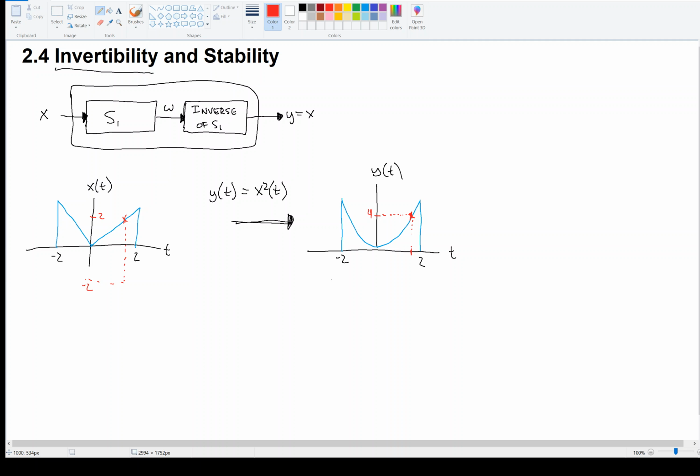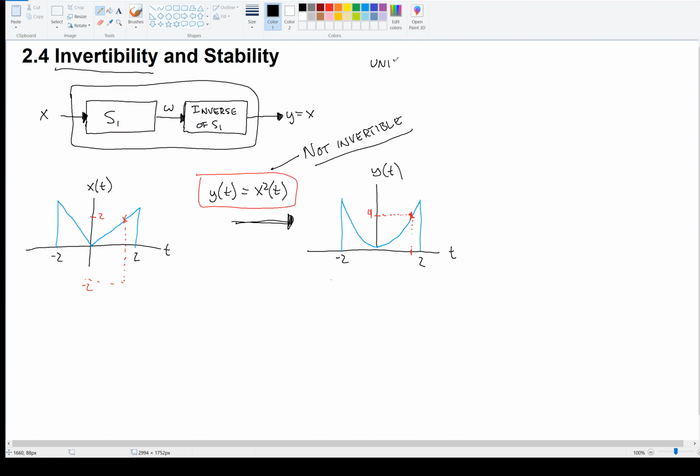And so with this squaring system, it's impossible to observe the output and get back the original signal, the input. So we would say that this squaring system is not invertible.